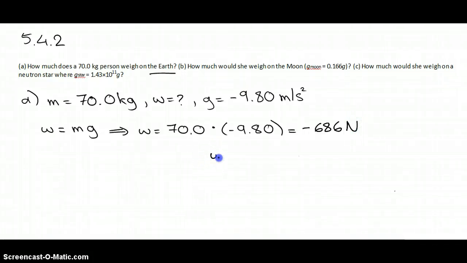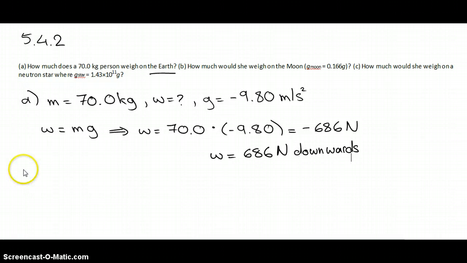Or I can say that the weight is 686 newtons downwards. In your book, the book is accepting answers as 686 newtons without the negative sign. Pay attention to that.